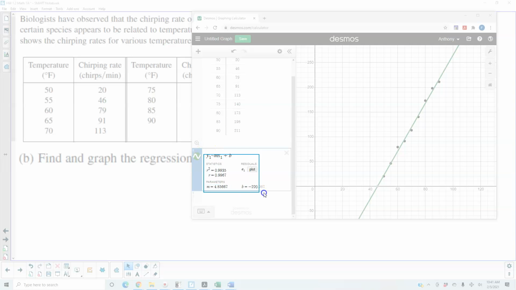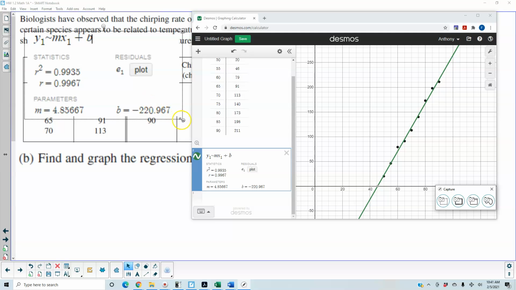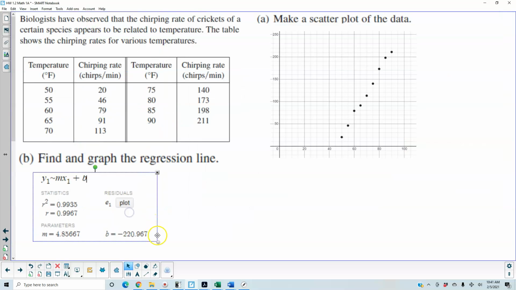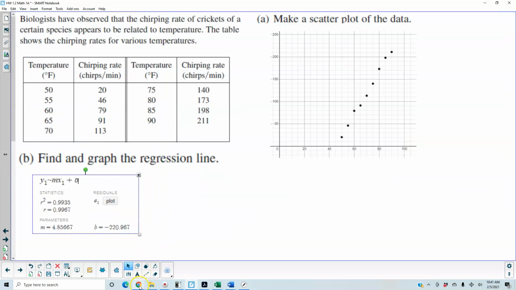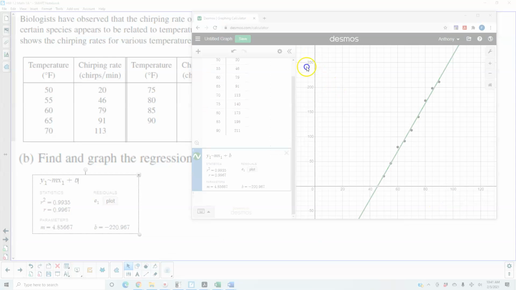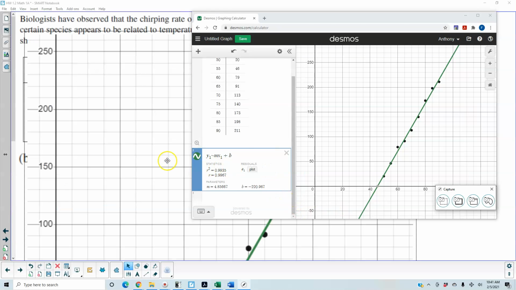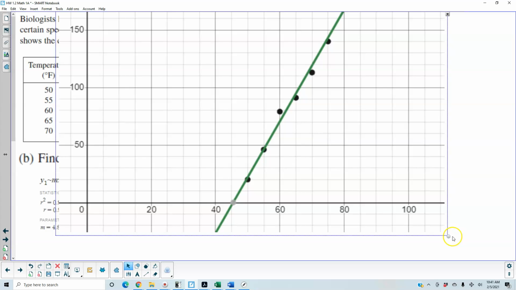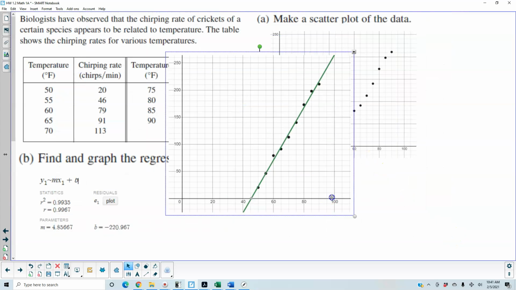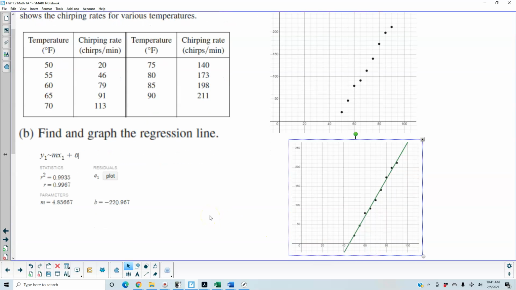So let's go ahead and copy that. And what does our graph look like with that regression line? And so therefore, there is our result.